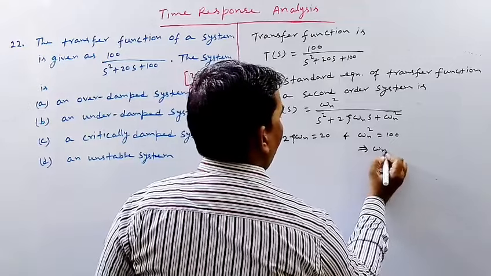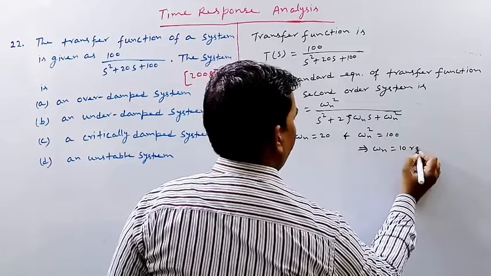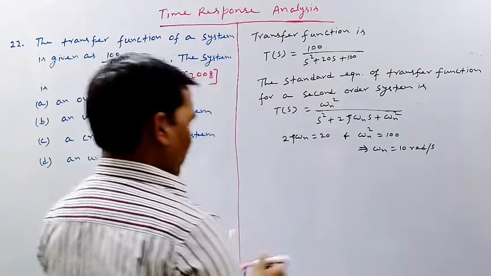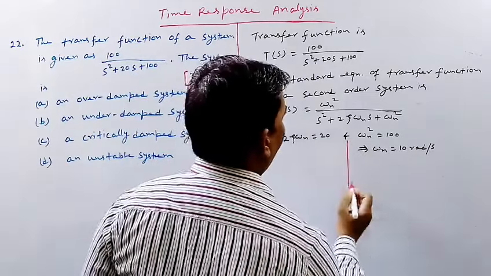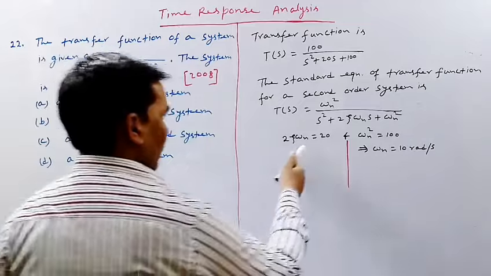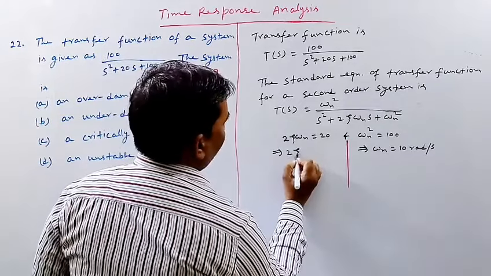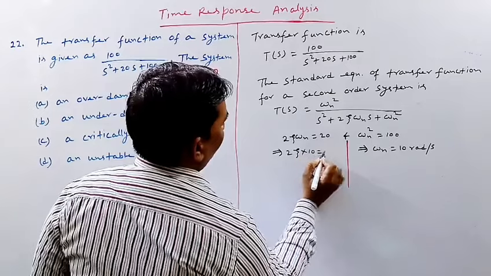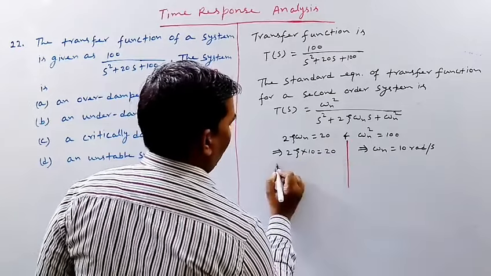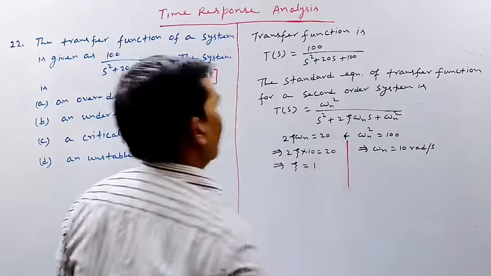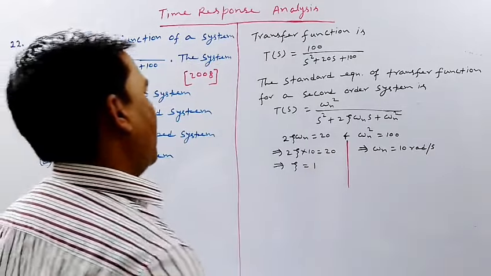From this we get omega n equal to 10 radian per second. Now if we put the value of omega n in this, then it will be 2 zeta into 10 equal to 20. Now zeta will be nothing but 1. So now we have got the value of zeta.